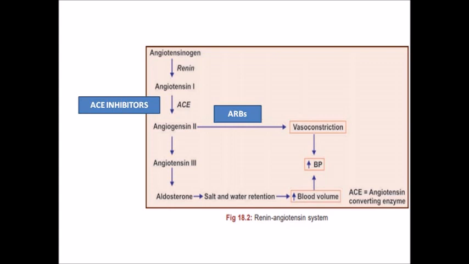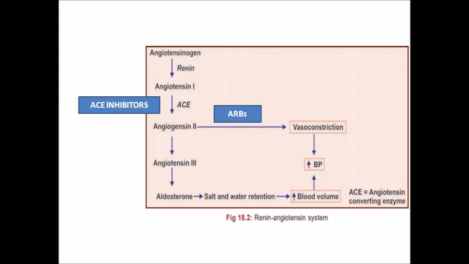Angiotensinogen is a precursor on which renin acts, and it is converted to angiotensin 1. Then ACE or angiotensin converting enzyme is involved in converting angiotensin 1 to angiotensin 2. So angiotensin 2 is the one which is involved in producing the effect of vasoconstriction. We already said angiotensin means it tenses the blood vessels, or it constricts the blood vessels and increases the BP.